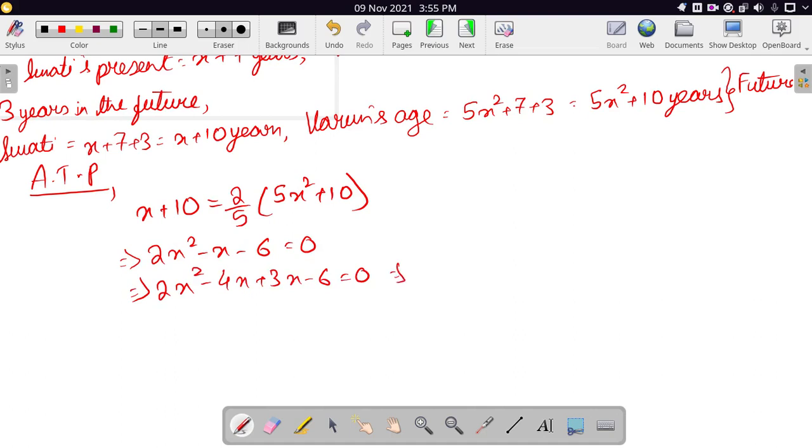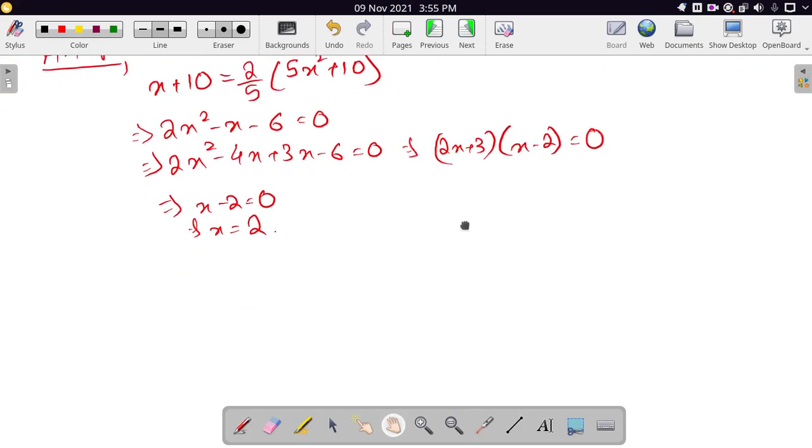It will be 2x plus 3 times x minus 2, equal to 0. Now x minus 2 is equal to 0, so x is equal to 2, or minus 3 by 2. Obviously age cannot be negative, so we are not even considering that value.